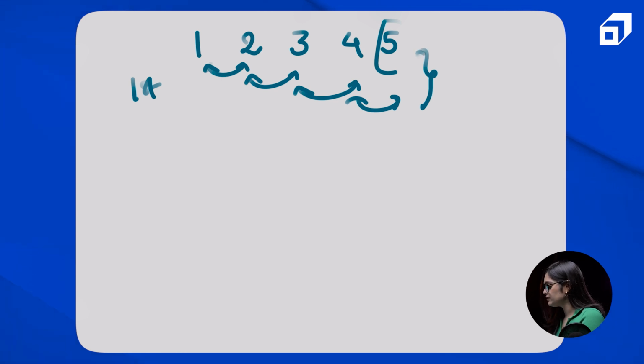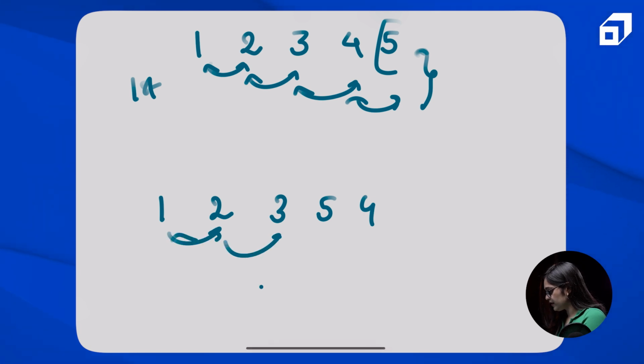So in such cases where in any of the iterations we see that no swapping is taking place, that is because the elements have been sorted. So let's say we had 1, 2, 3, 5, and 4. We'll first compare these two, that's fine. These two are also fine. These two are also fine. And then we come at these and they will get swapped.